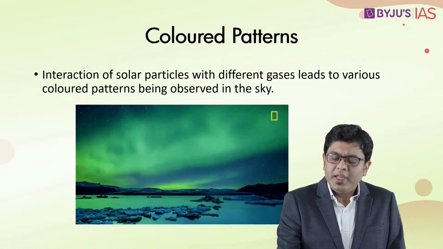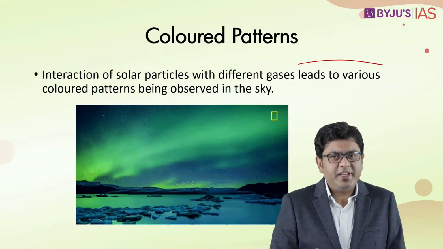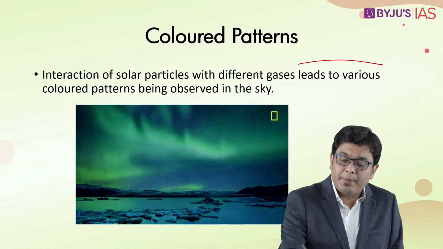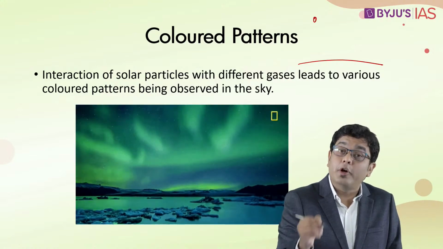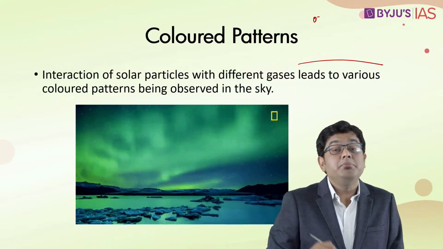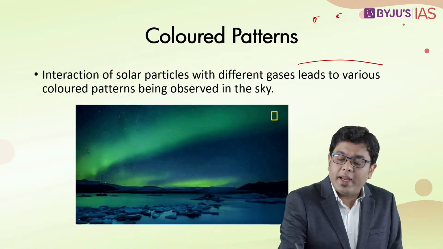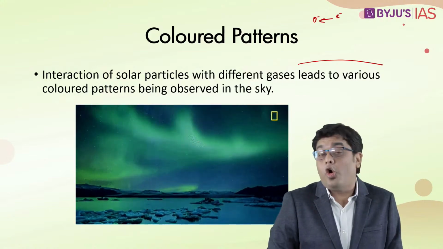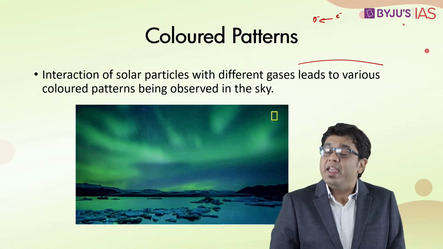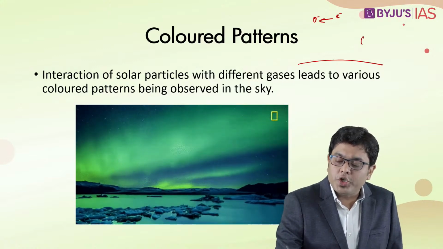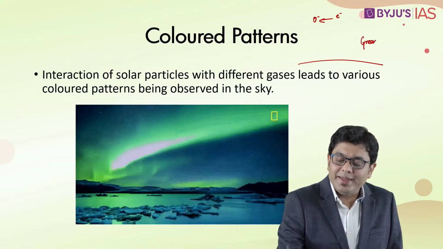Now, suppose here we have the Earth's surface. At a particular height away from the Earth's surface, let us suppose that we have presence of oxygen ions in majority. Now, when the charged particles or electrons bombard the oxygen molecule, it will primarily and automatically lead to generation of a green light.